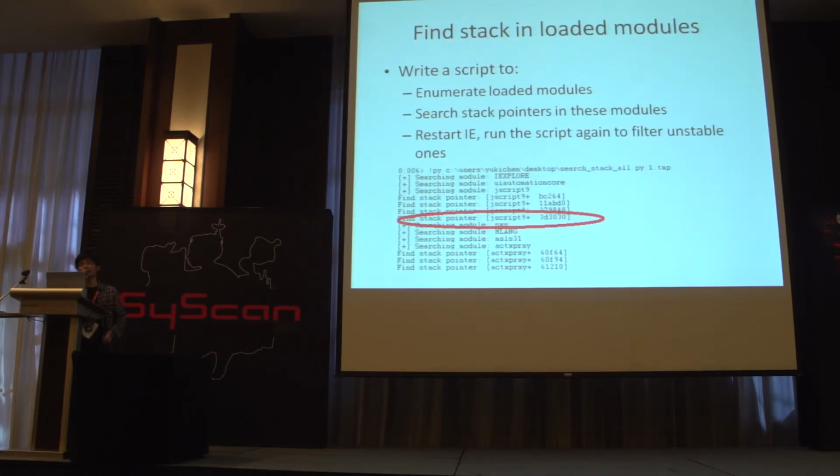To find a stack address in loaded modules, you only need to write a simple script to go through all loaded modules and find out whether there are some stack values. Here is the output of our script. You can see there are some stack addresses in JScript9, which is also used in our Pwn2Own exploit.